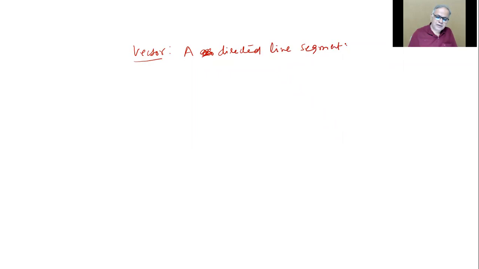Like this way, not this is a line segment, but put an arrowhead like this. And of course, in mathematics, people write it in algebraic form also. It is also mathematical, but it's geometrical.